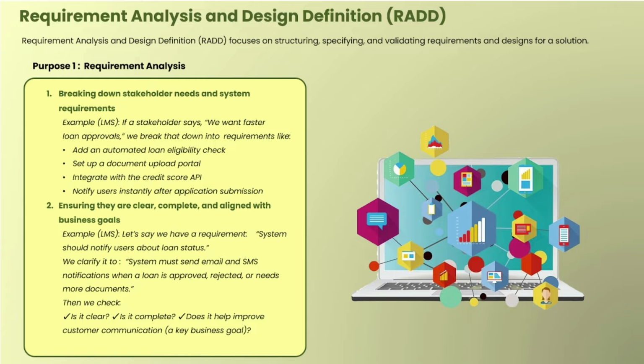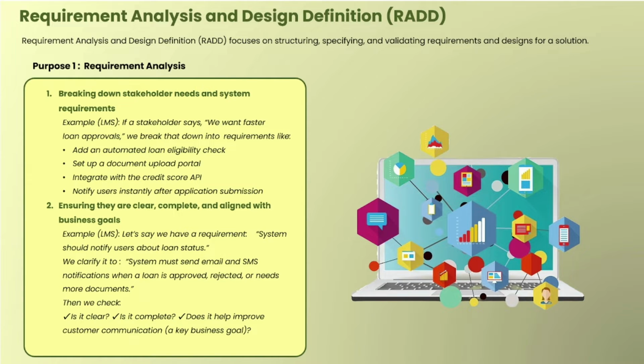Well, you can see the example of a loan management system. Here, the stakeholder says that we want faster loan approval. Now it's our turn to break that down into requirements like add an automated loan eligibility check, then set up a document upload portal, integrate with a credit score API, or we can write down another requirement like notify users instantly after application submission.